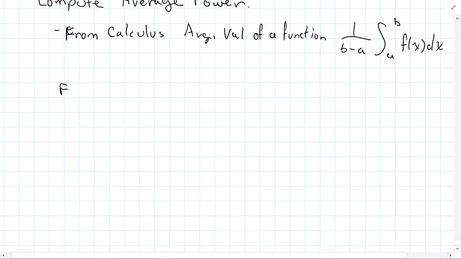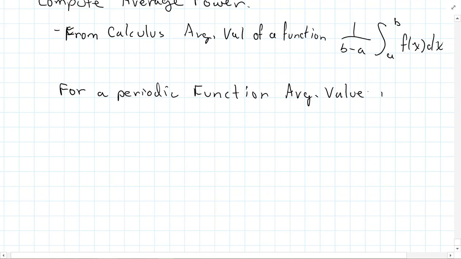For a periodic function, the average value is simply 1 over the period times the integral from minus T over 2 to T over 2, so integrating over a period of your function, and because we're doing it in time, f of t dt.